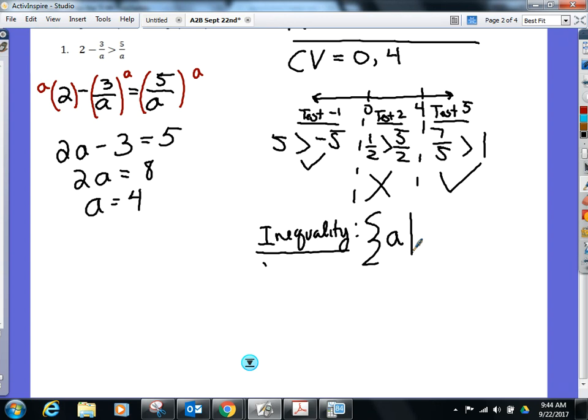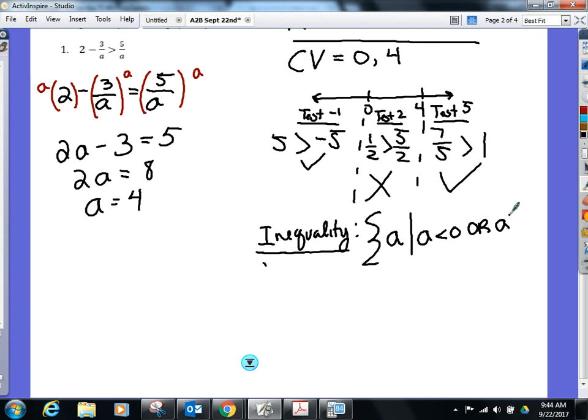So A, tell me one thing you know about A. It's less than. A is less than 0. So A less than 0. But there's other solutions than that, right? Or A is, where else did we find out solutions?